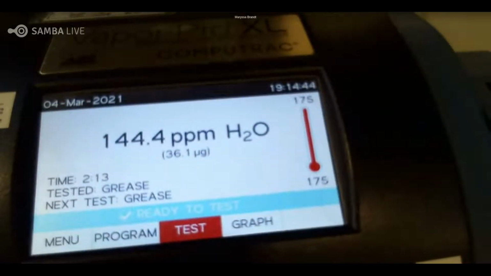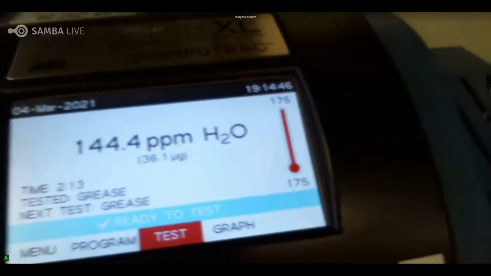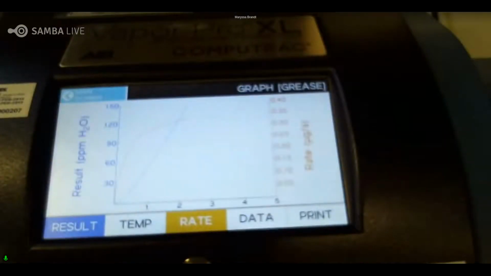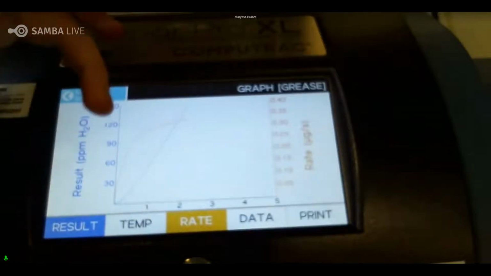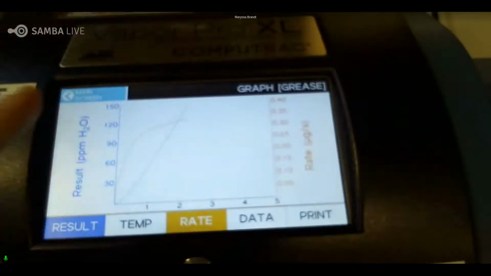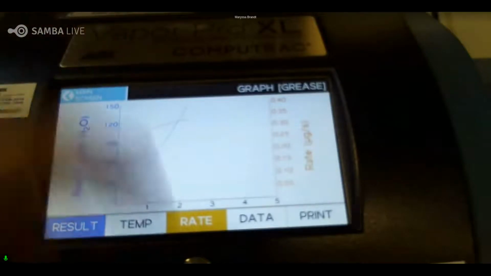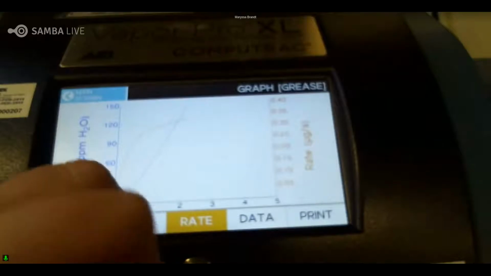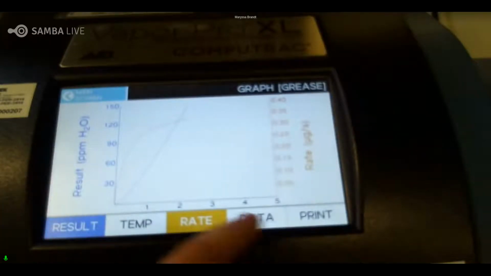You guys able to see that okay? Okay, so we just got that result. As you see, after every test, we can see a graph. This yellow line right here is our rate, and we see it went up and then it ended. Anything that does not look like that or look like a bell curve is not going to be a good test run.